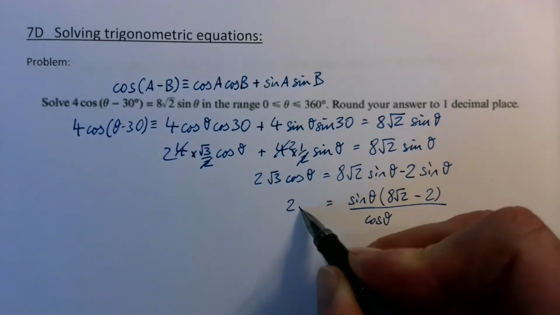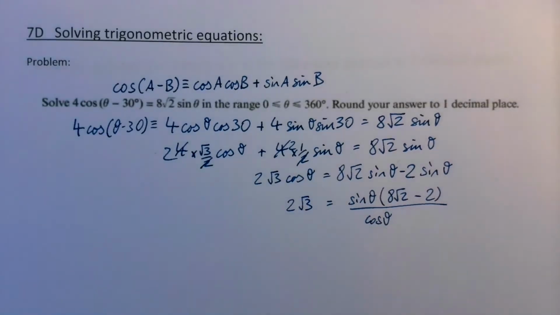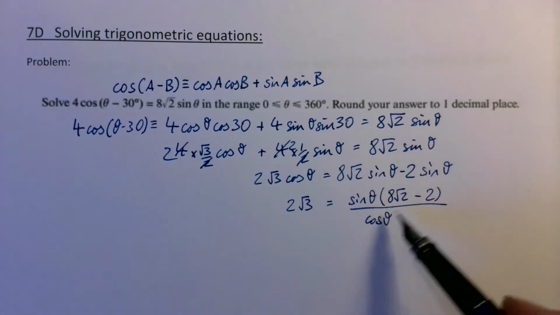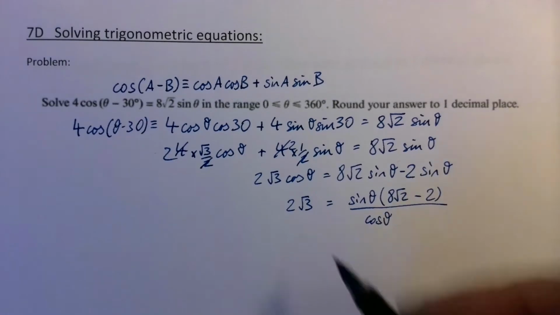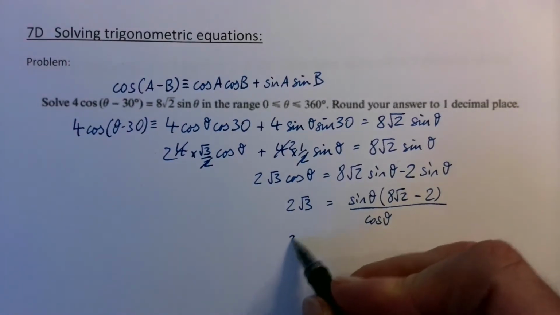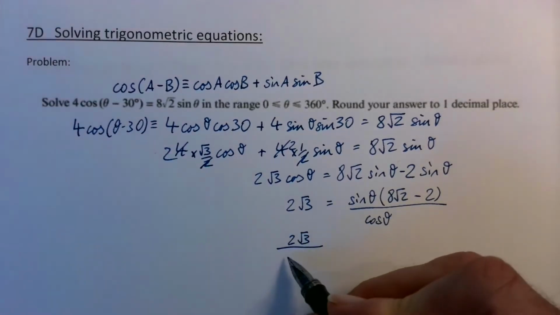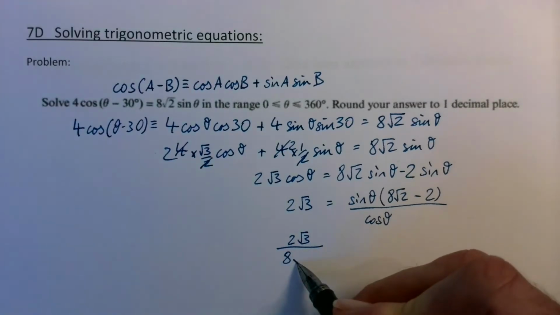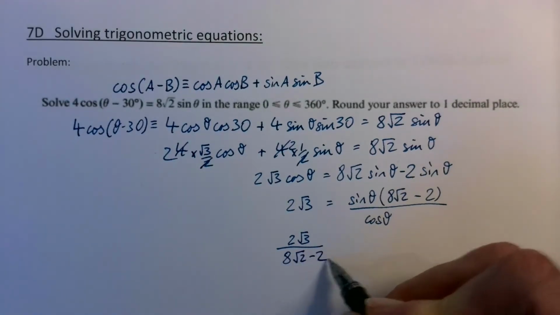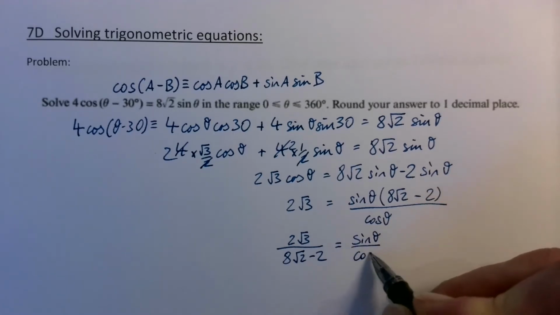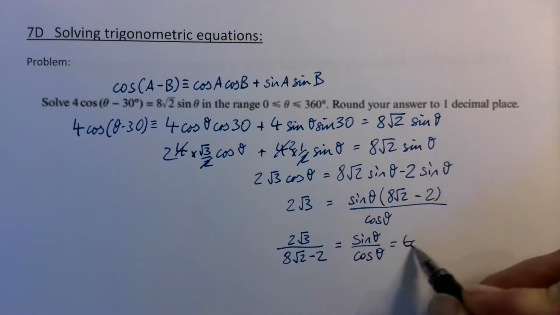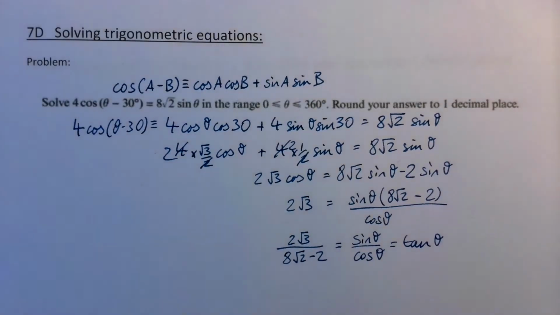So that would leave me with 2 root 3 there. And I haven't quite got tan because I've got this bit in here, but I can divide both sides by that, can't I? And that would give me 2 root 3 all over 8 root 2 take 2 is equal to sine theta over cos theta, which is in turn tan theta.